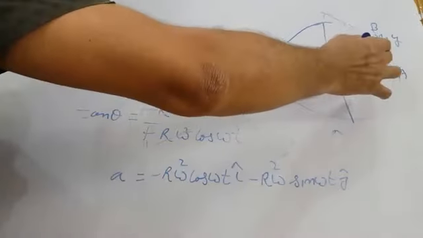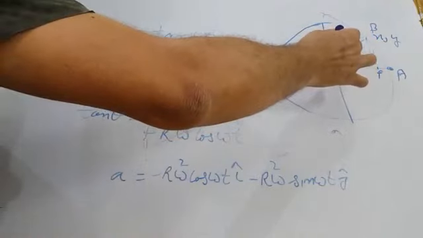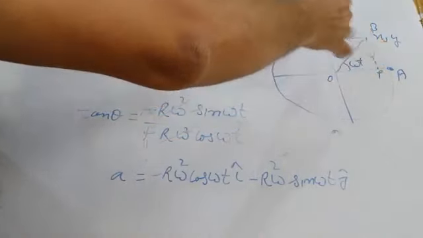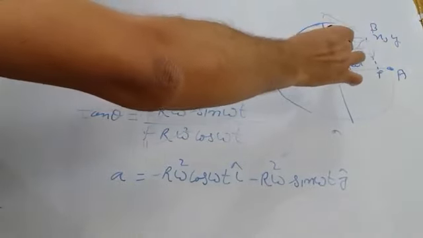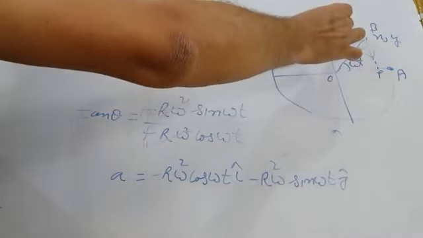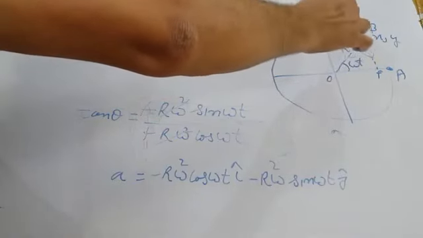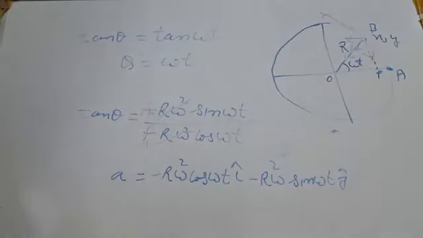At this point it has some speed, at this point it has some other speed. So one acceleration, centripetal acceleration, will be toward the center, one acceleration will be in this side, so resultant will be somewhere in between. Due to centripetal acceleration and due to linear acceleration in that direction, resultant will be somewhere in between these two. So in that case, acceleration will not be toward the center of the circle.